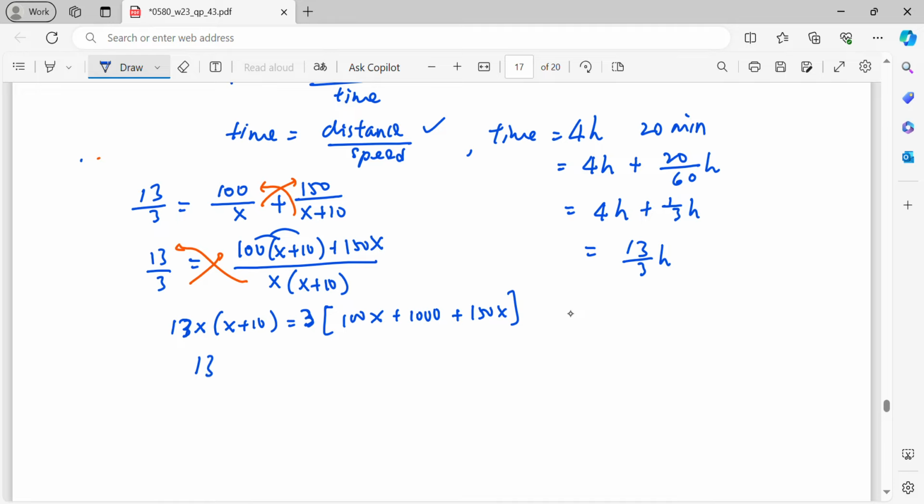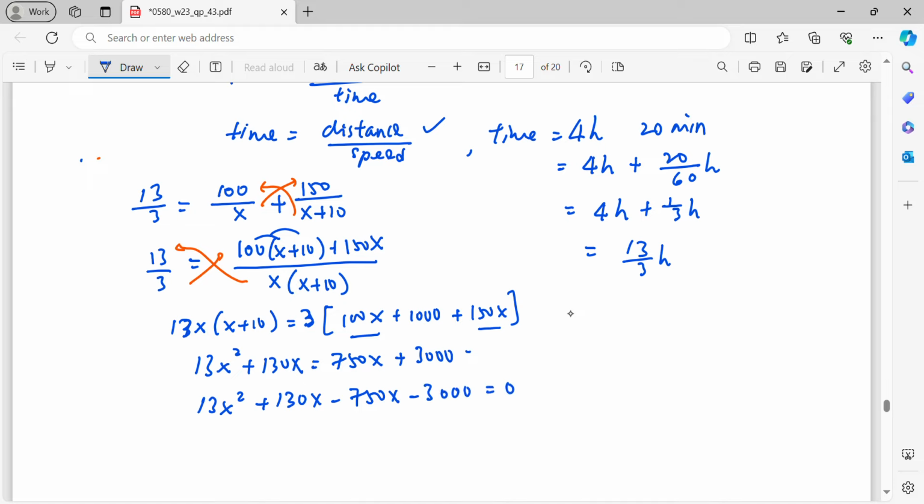So when you do expansion, 13x squared plus 130x, this one will be 250x. So 250x, then you have to times by 3, 750x. Then plus 3000. Okay, so move all these terms to the left side. You will get 13x squared plus 130x minus 750x minus 3000 equals 0.